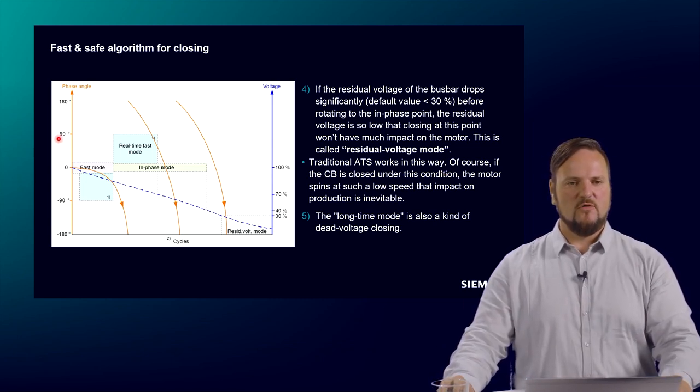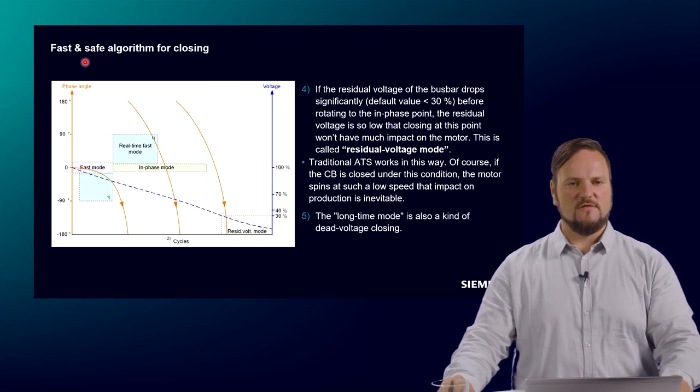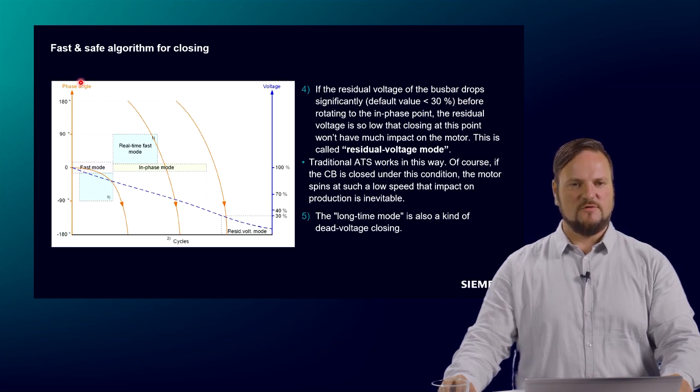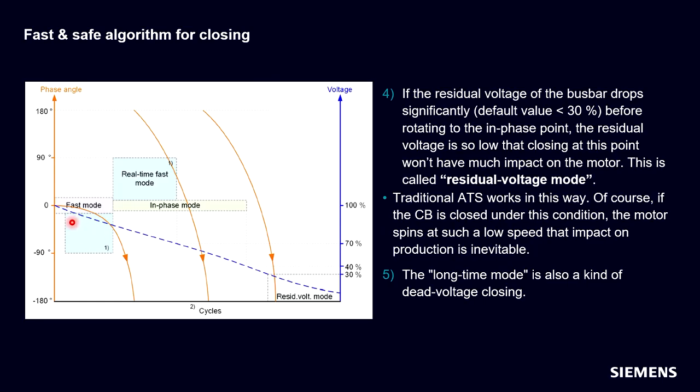Then we come to the fourth possibility to close the breaker. Here we talk about fast closing. Here you see the phase angle of the residual voltage to the reference, and this is the voltage difference, or the voltage on the motor bus. The dotted line is the voltage and frequency behavior.